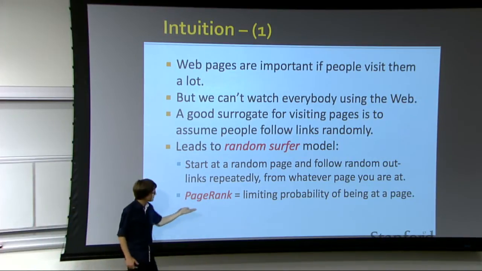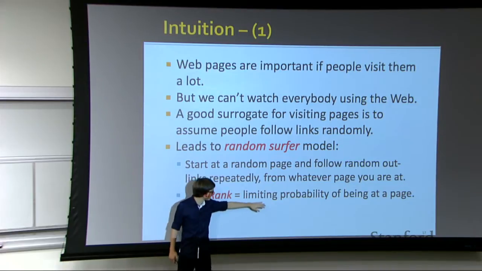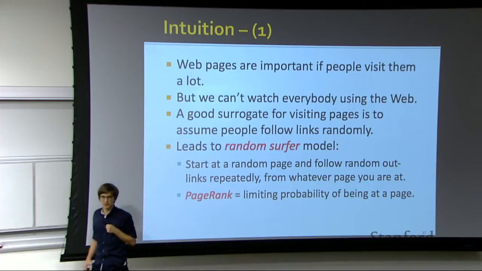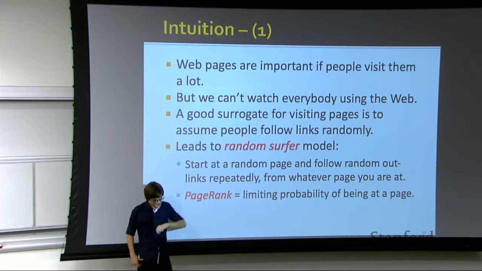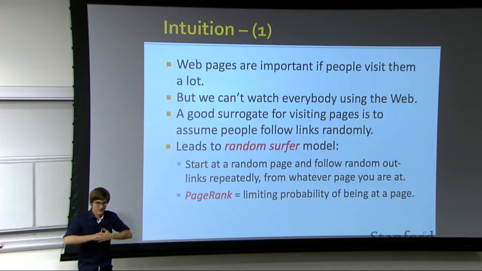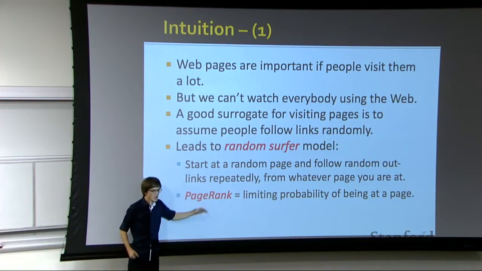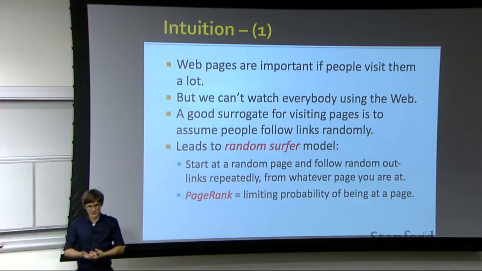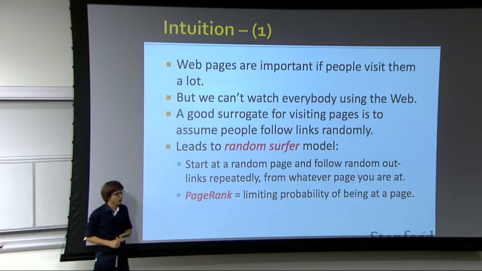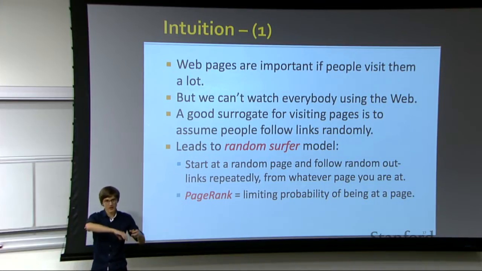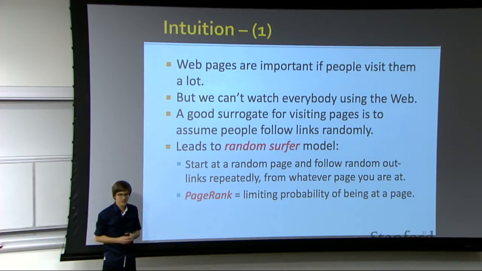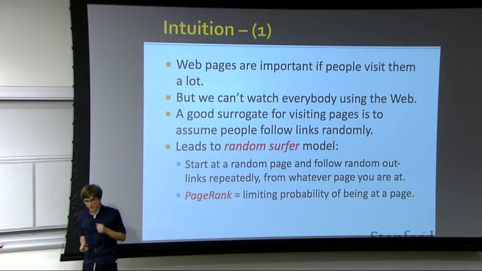And what is PageRank? PageRank is something we will call the limiting probability of the surfer being at a given page. So the idea is that the surfer walks a very, very long time, you stop the clock, and you ask, where is the surfer? And the PageRank is the probability distribution over where the surfer might be at that time when you stop the clock. Okay, so the surfer walking around creates some distribution over the probability of the surfer visiting that page, and PageRank is that probability.